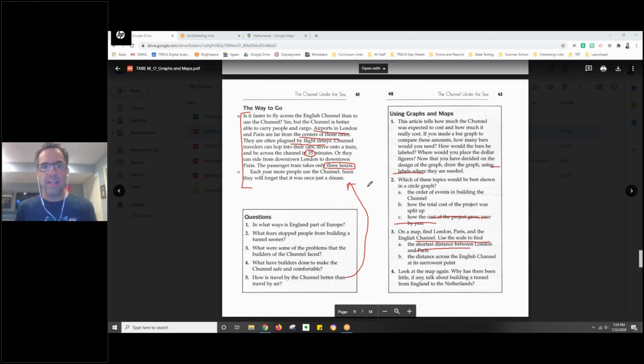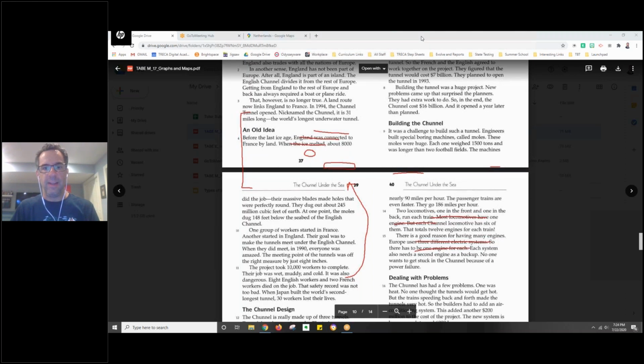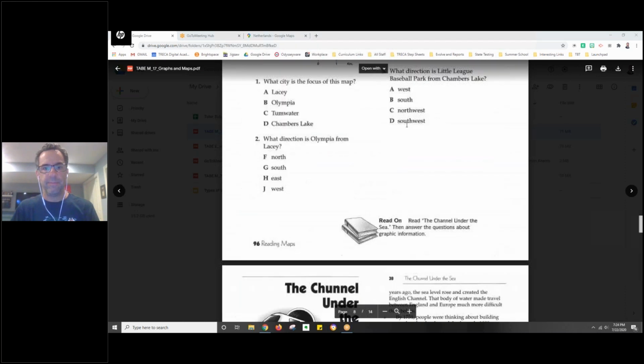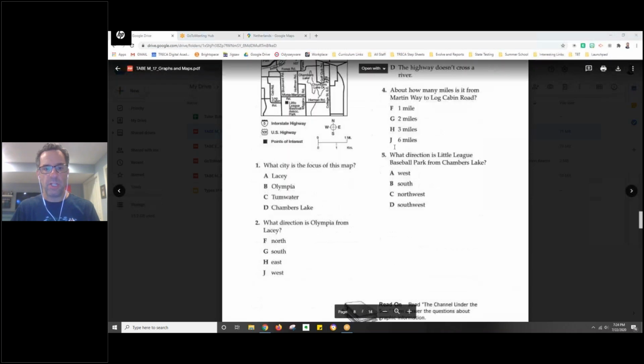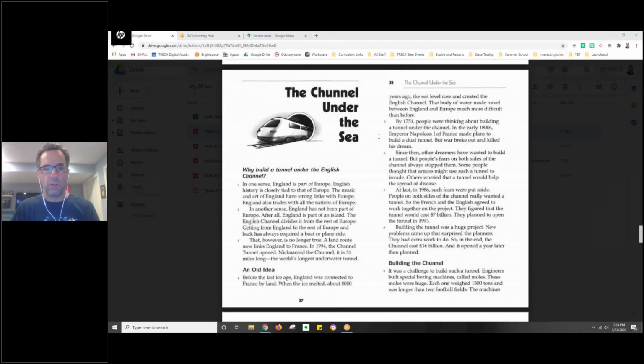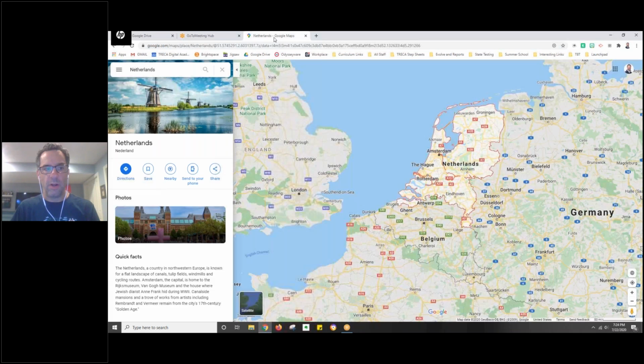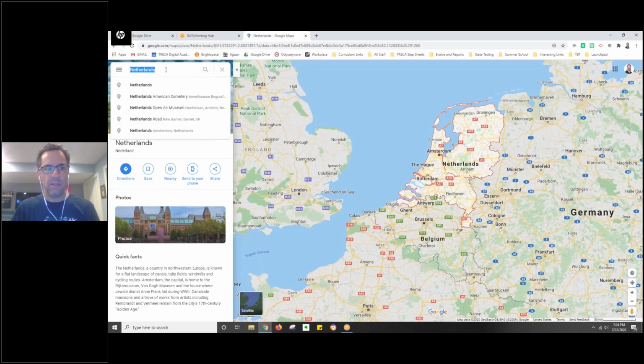So that is the end of this packet we looked at today. We didn't do a ton today. We looked at this map of Olympia, Washington, and then we talked about the tunnel under the sea, and we went on to Google Maps here, and we did some looking at the tunnel.